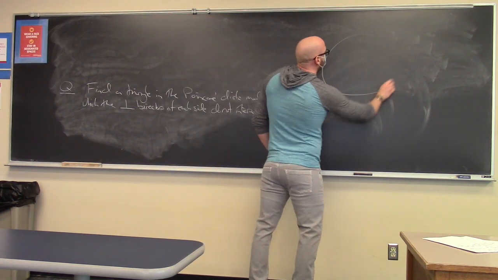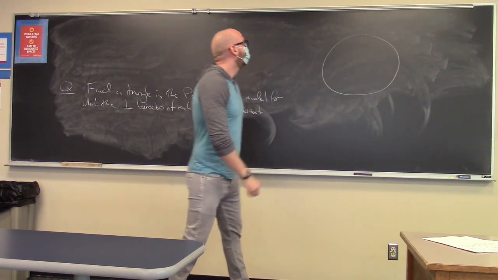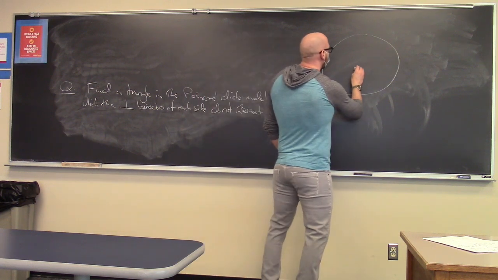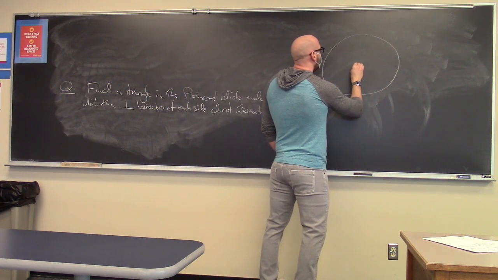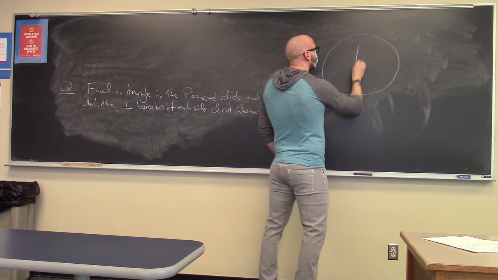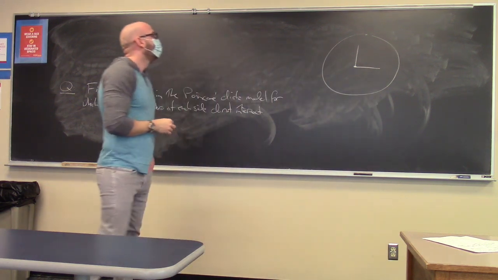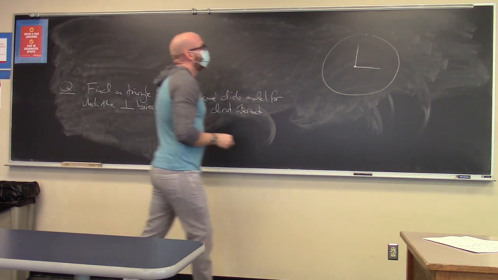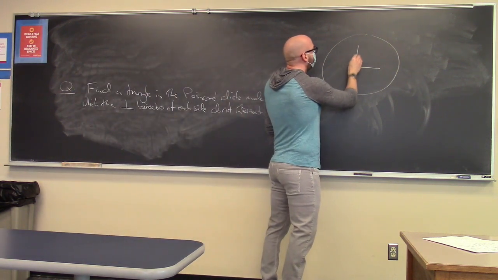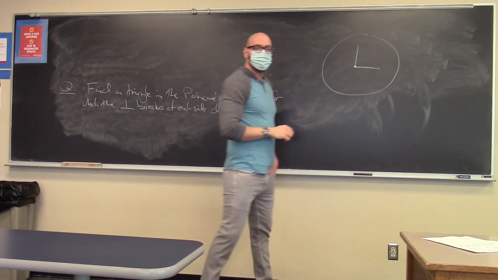And I'll give you my idea: let's take a right triangle formed along here. What's the perpendicular bisector of this side?